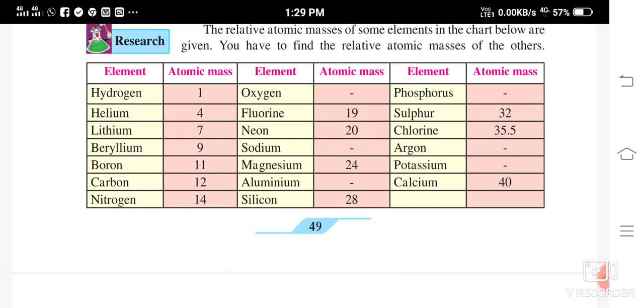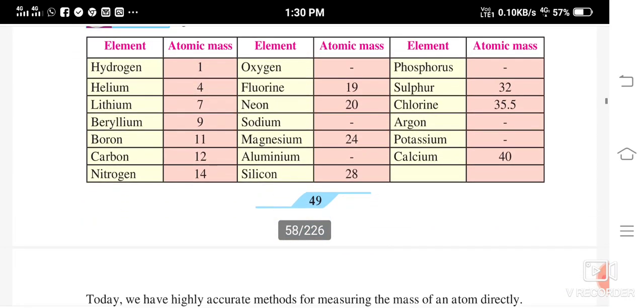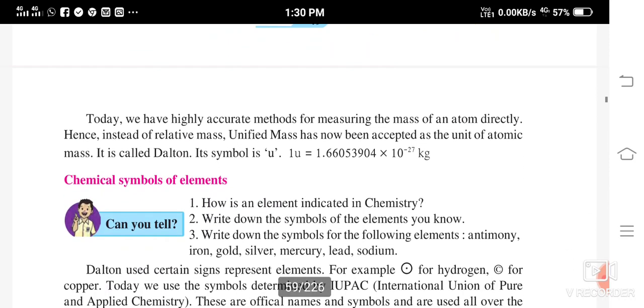Fluorine 19, neon 20, sodium you will find out, magnesium 24, aluminium you will find out, silicon 28, phosphorus you have to find out, sulfur 32, chlorine 35.5, argon and potassium you will find out, calcium 40. Atomic masses you will find in the modern periodic table.